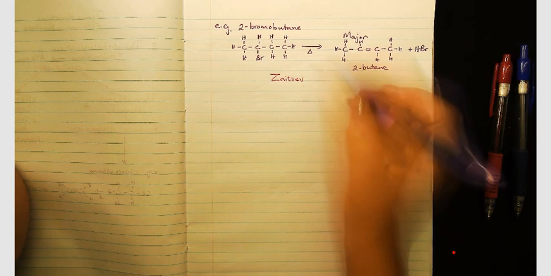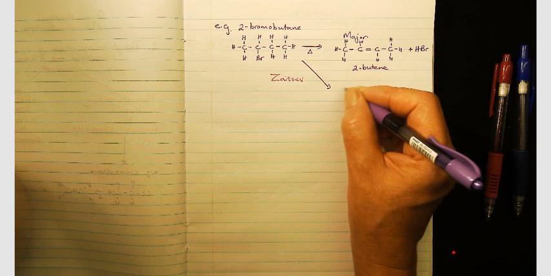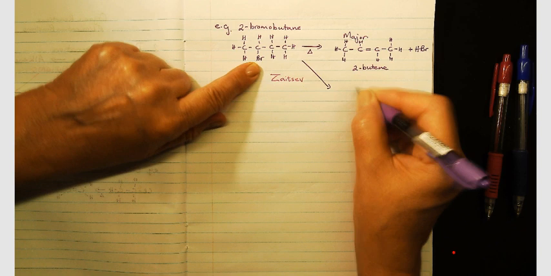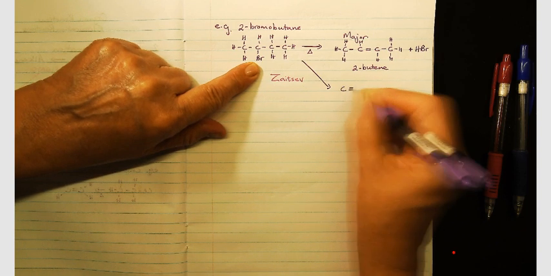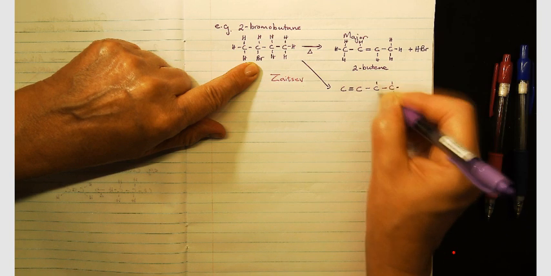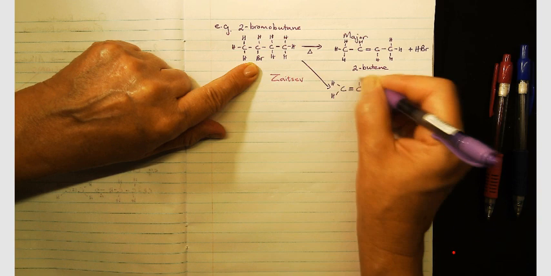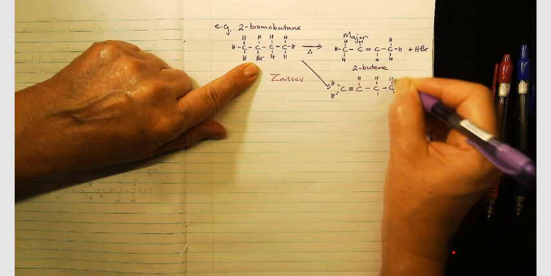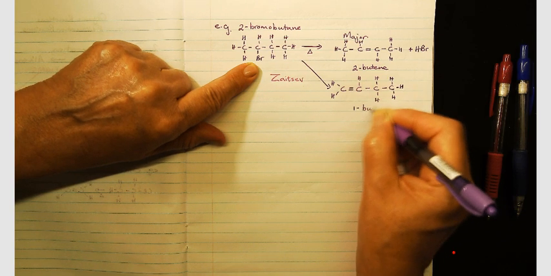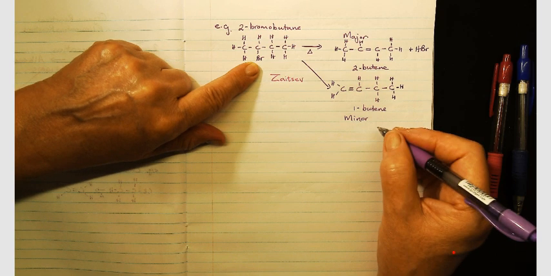There is, though, the possibility that the hydrogen will break off from the first carbon, where the bromine breaks off from the second carbon, so that will form the double bond on the first carbon here. So this will be hydrogen, hydrogen, hydrogen. This is called the minor product. So 1-butene is the minor product.